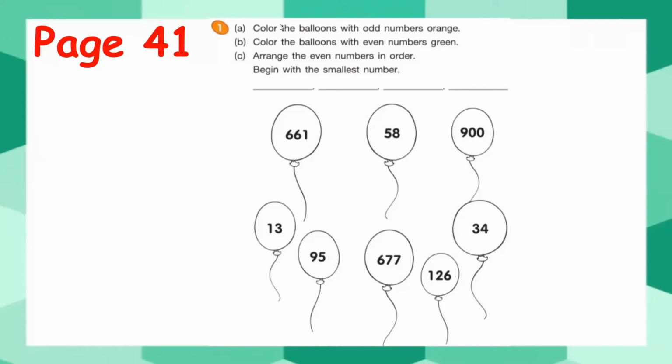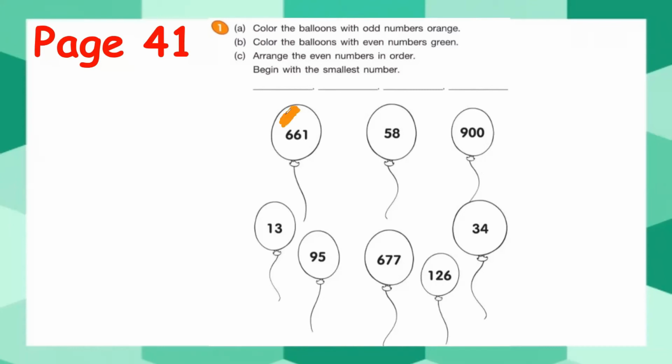Okay, so letter A, you will color the balloons with odd numbers orange. So please find those odd numbers here and color them with orange. So this is an odd number.